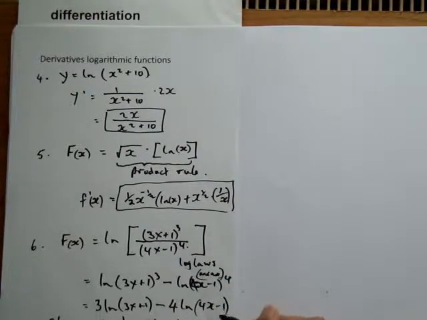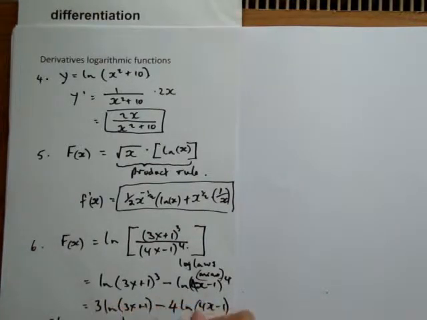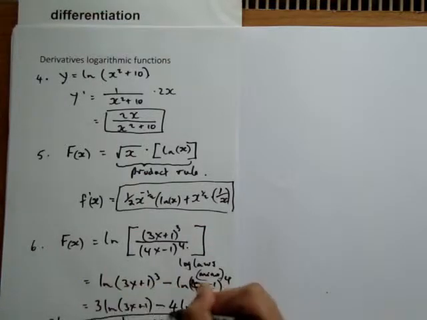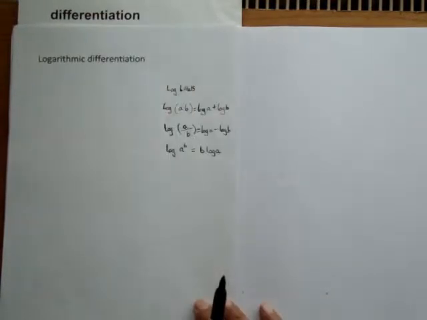Natural log of 4x minus 1, when we differentiate we get 1 over 4x minus 1, and then we multiply that by differentiating what's in the bracket, which is 4. And that is your answer.